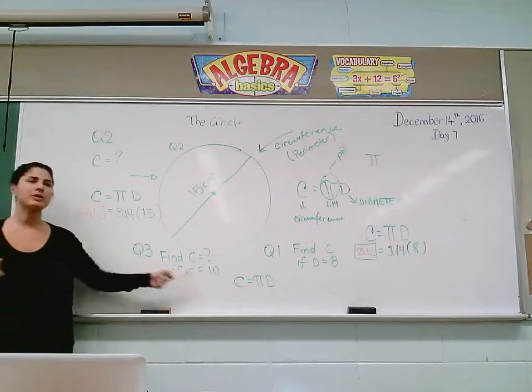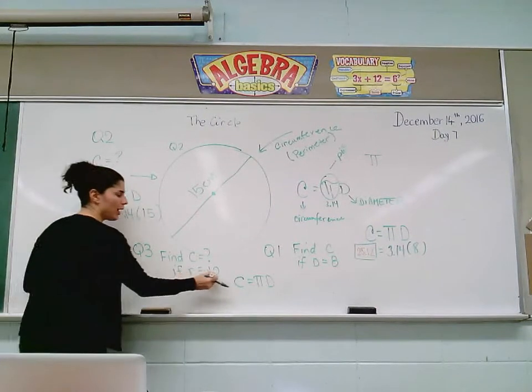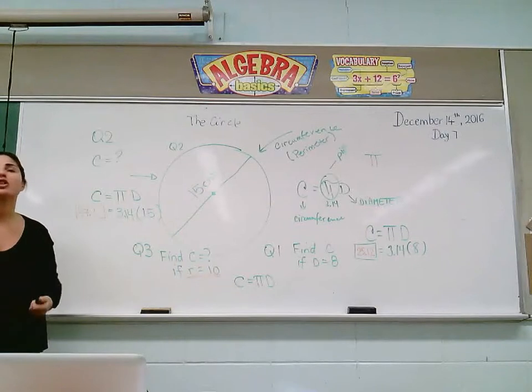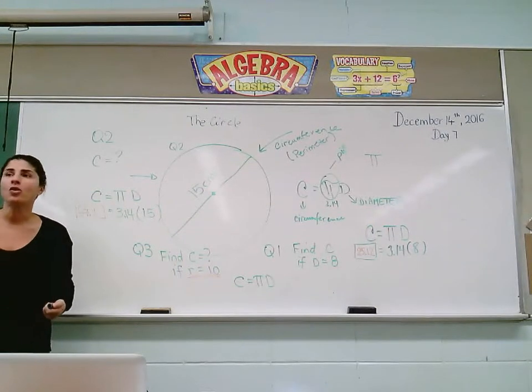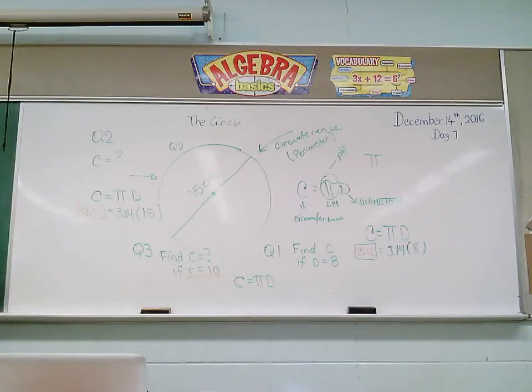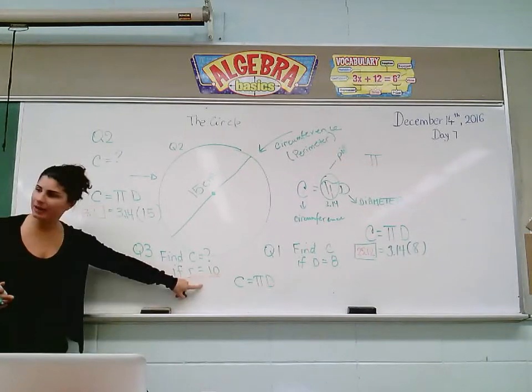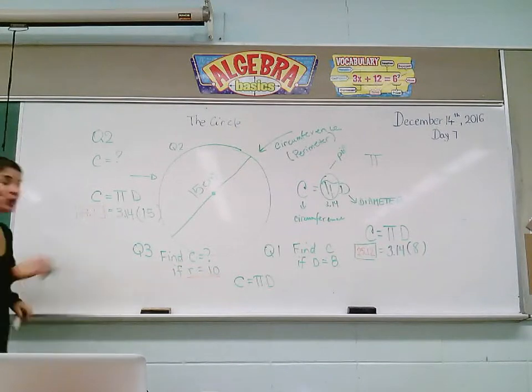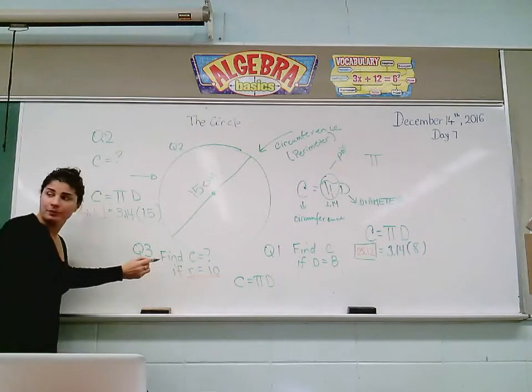So then I'd go here and say, why did she give me radius? Oh, she gave me radius because I know how to find diameter. So if I gave you the radius of 10, the diameter is 20. Radius is the small one.